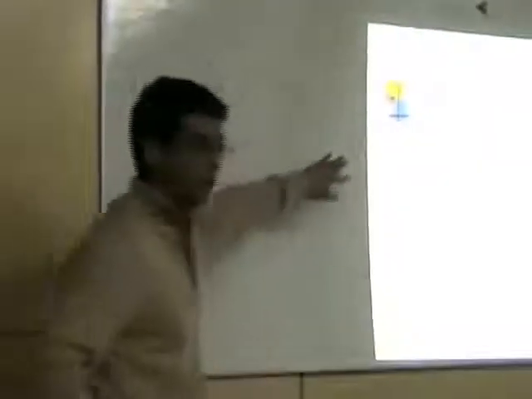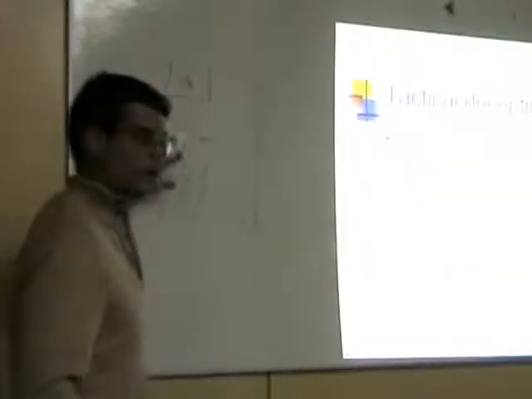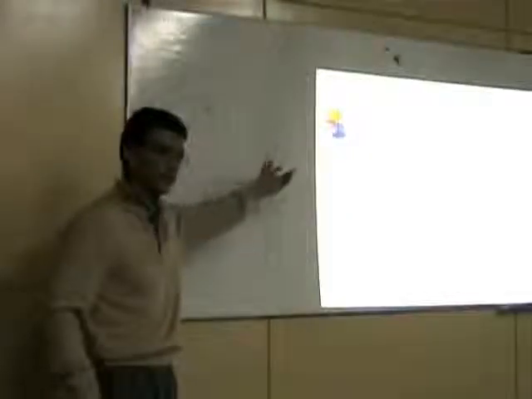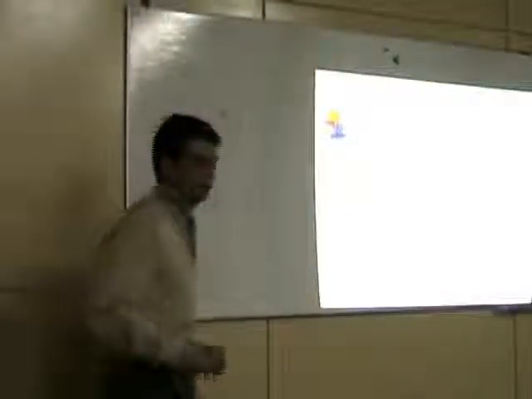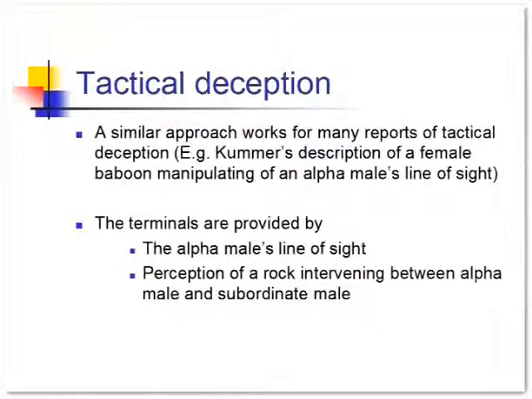So this is really kind of the in-the-wild version of this sort of stuff. These experiments are ways to try and turn these observations into something that looks like science. Again, we've got some terminals.